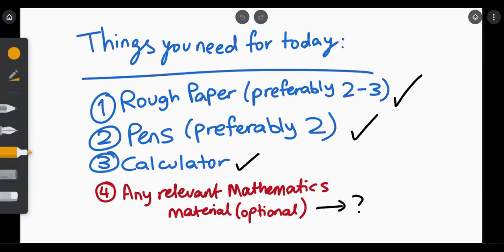If you have any relevant mathematics material, for example notes or mind maps, or other relevant practice papers, you may get them as well to be part of your revision package. It's just whether or not I'm going to be covering your school's paper. Can? Alright, that's great.